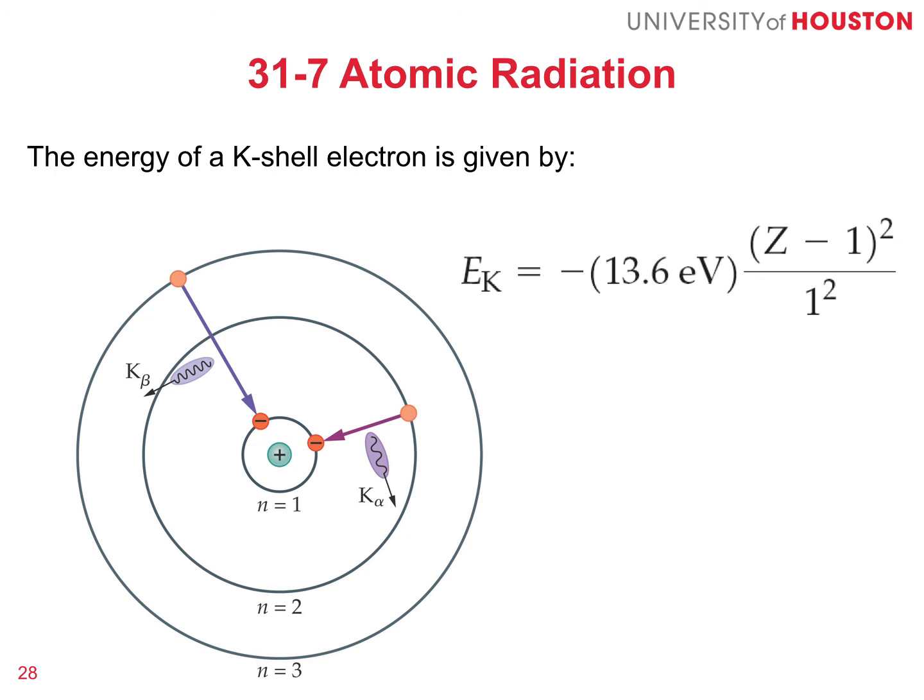Now, the K alpha and K beta X-rays can be explained as follows. What happens is the high energy electrons hit an atom and they knock an electron out of the n equals 1 orbit. What then happens is an electron from the n equals 2 or the n equals 3 will travel down to the n equals 1 orbit.